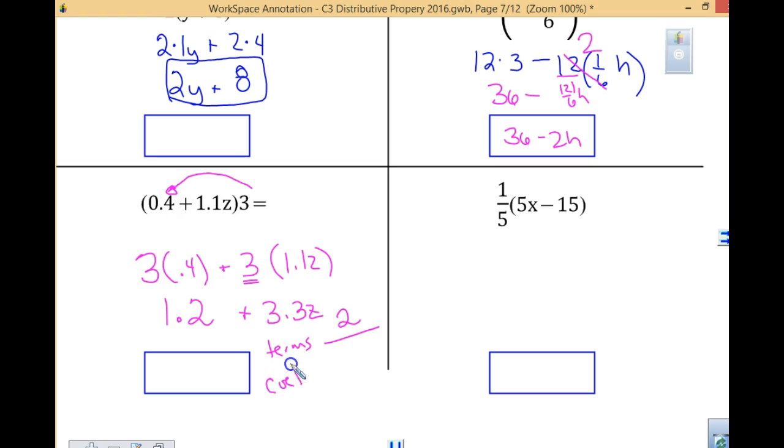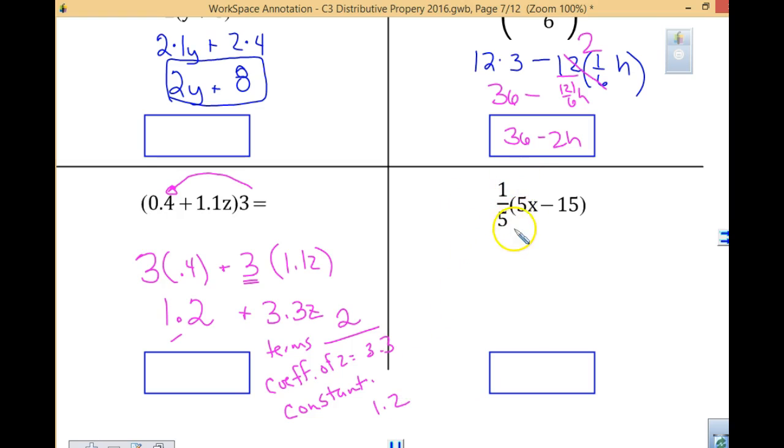If I ask you for the coefficient of z, the coefficient of z should be, Lucas? 3.3. If I asked you what is my constant in this one, Jessica? 1.2. What did you say? 1.2. Okay.